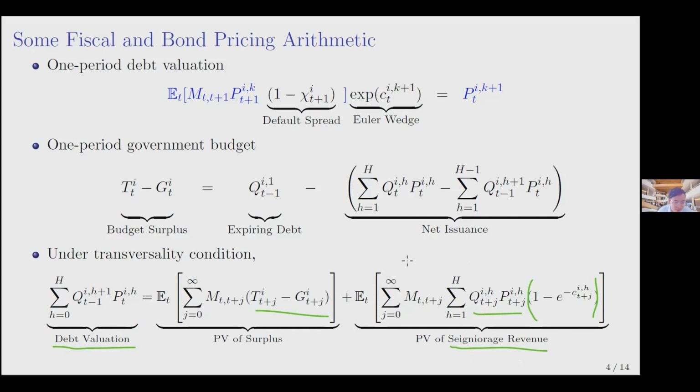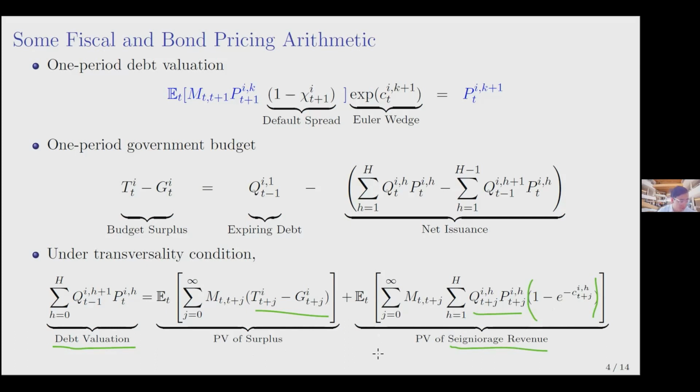And then we sum up all future seigniorage revenues weighted by the pricing kernel to derive the present value of seigniorage revenues. This is one of our central results that link debt value to both a fundamental part, which is the present value of government surplus, and a convenience yield part, which is the present value of seigniorage revenue.